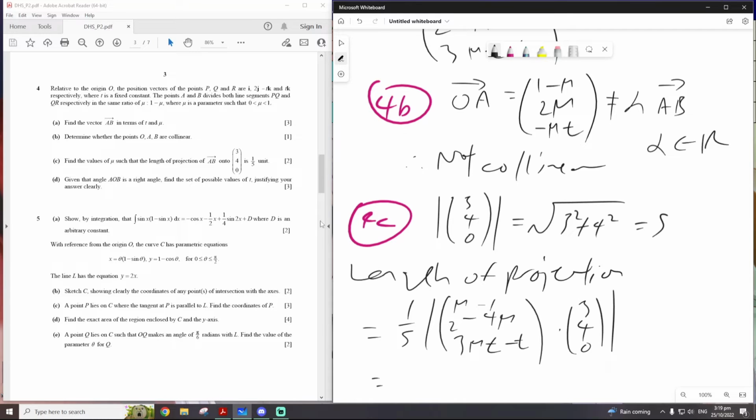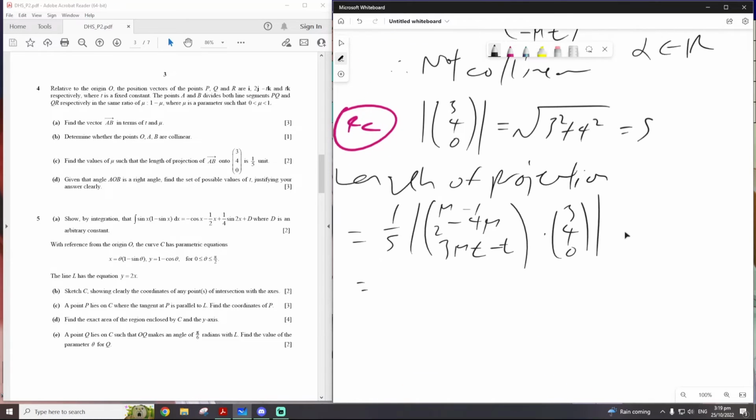So this is 3 mu... you see the 0 part, actually the t doesn't really matter. So I get 3 mu and I get minus 13 mu, and minus 3 and 8, so I get 5 minus 13 mu.